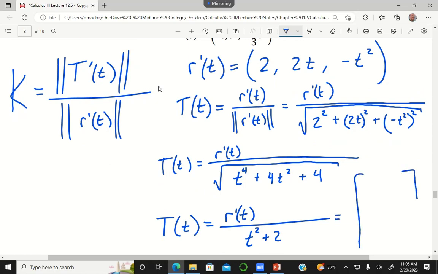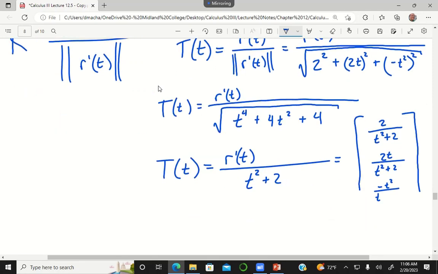And so this unit tangent vector is going to be 2 divided by t squared plus 2 for the x component. For my y component, I'm going to call that 2t over t squared plus 2. And for the z component, I've got negative t squared over t squared plus 2.